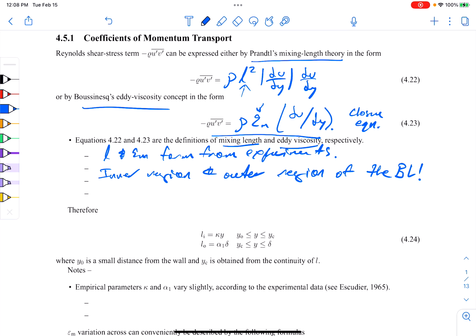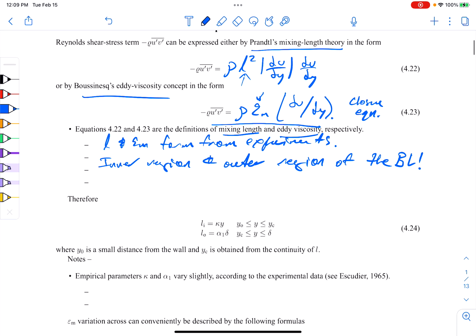And we saw that experimentally and from previous simplified length scale models, which worked well. So in the fully turbulent part of the inner layer, L goes as y. And in the outer layer, L is maybe just a constant, some constant times delta, the boundary layer thickness.